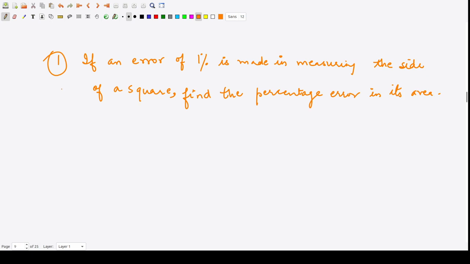So we have to find the error in the area. We are talking about a square with a 1% error present.